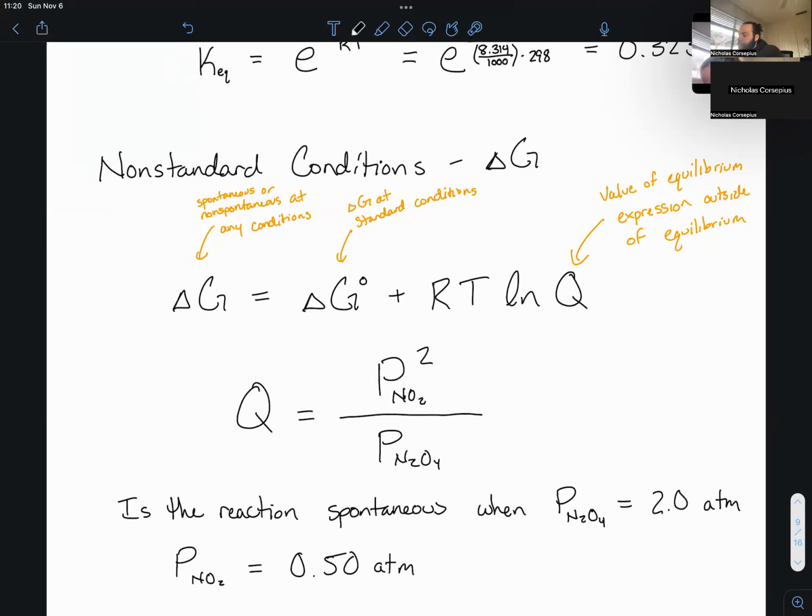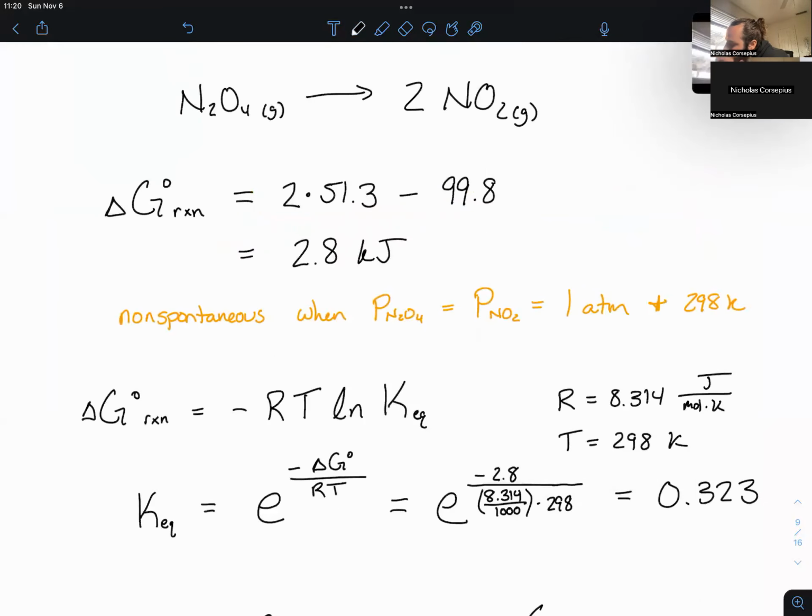So I know that this reaction is going to want to go the other direction if both of these gases are at 1 atm. So now let me think Le Chatelier's principle here.